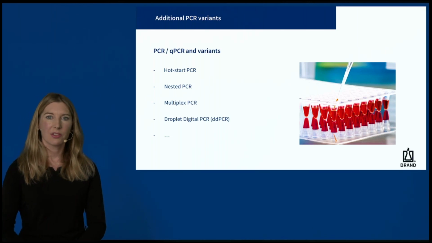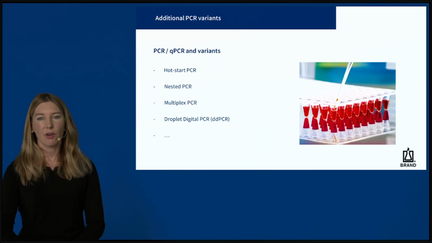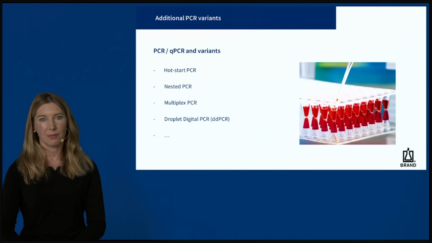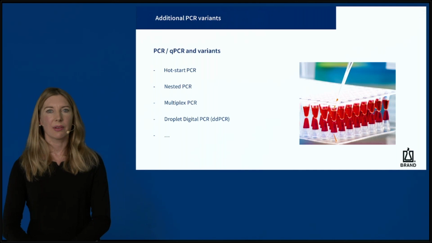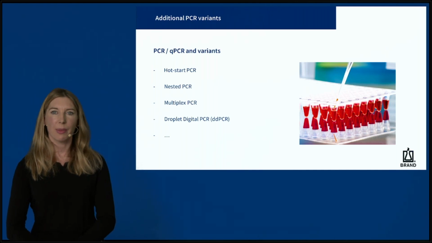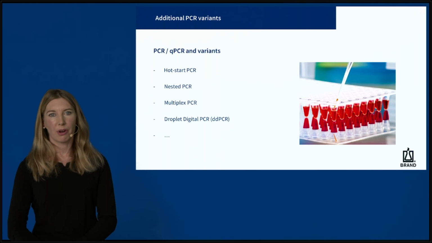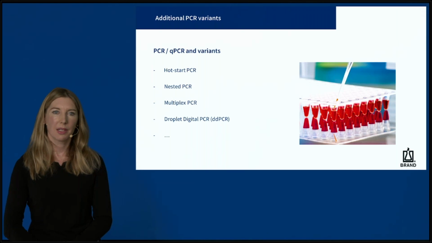The big advantage is the very low possibility of non-specific amplifications. Multiplex PCR allows simultaneous amplification of many targets in one reaction by using more than one pair of primers. This saves time, but there is a high risk of cross-template binding.